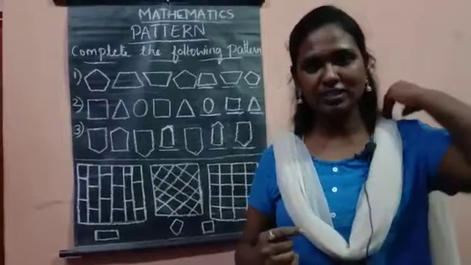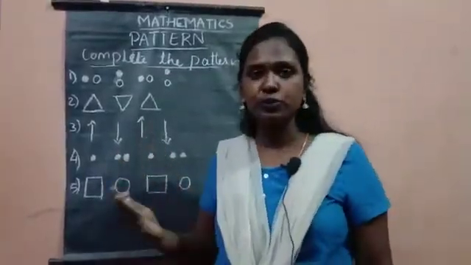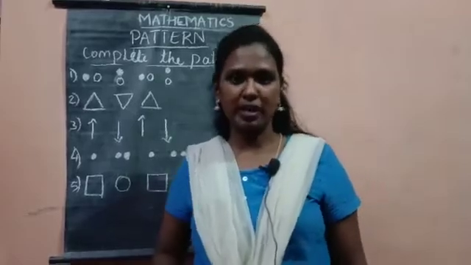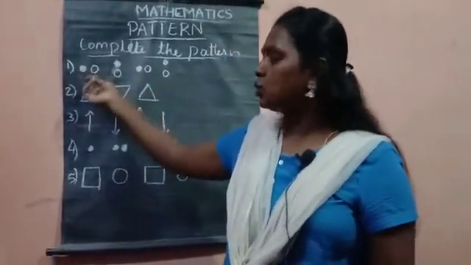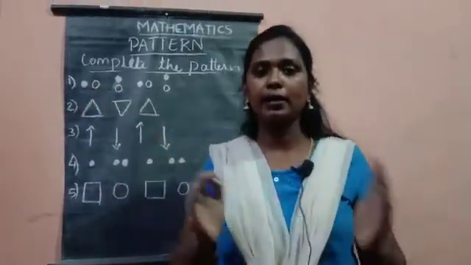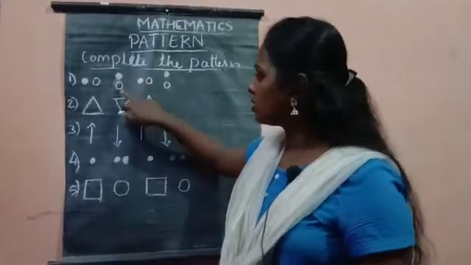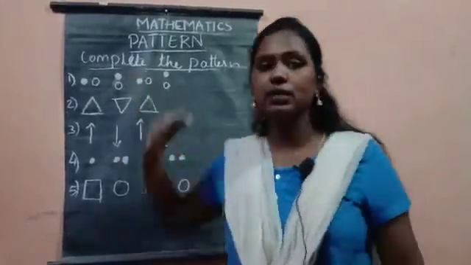Have you understood, children? Here is another example for you to find out the sequence of pattern. So, here in the first example, you have two dots, one is up and one is down.